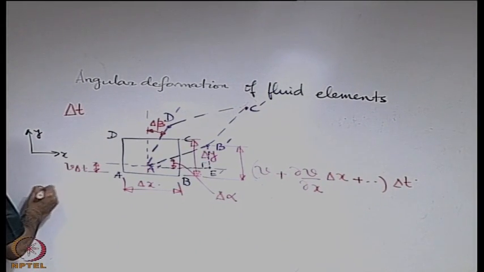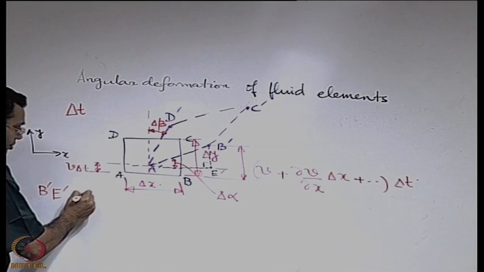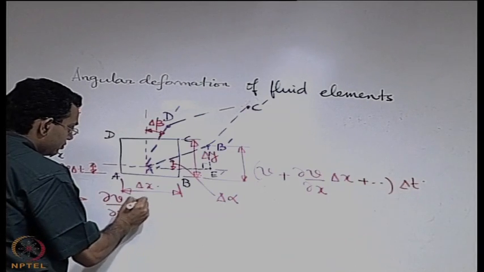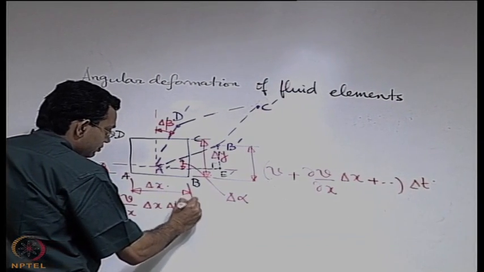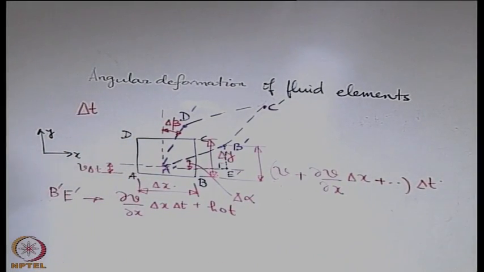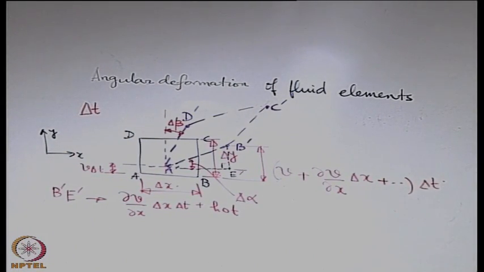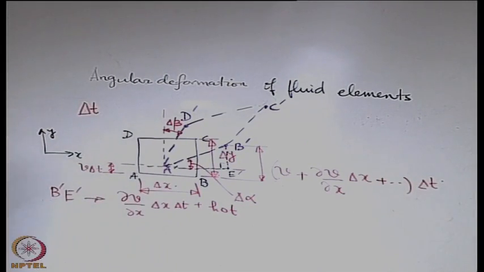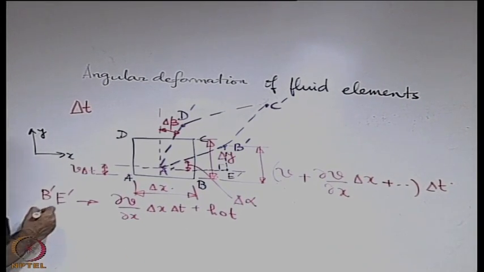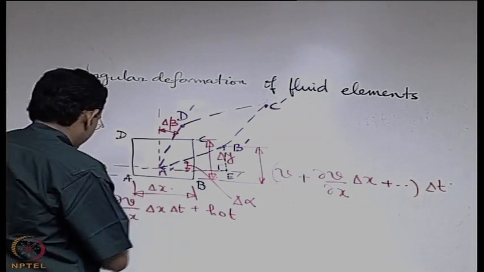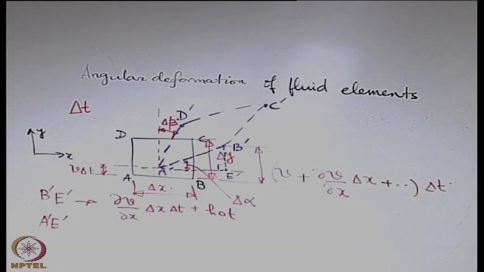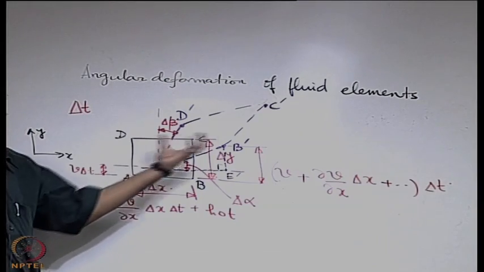So we can say that B prime E prime is nothing but the difference between these two. So that is like this. Similarly, what is A prime E prime? A prime E prime is like delta x plus some higher order term.